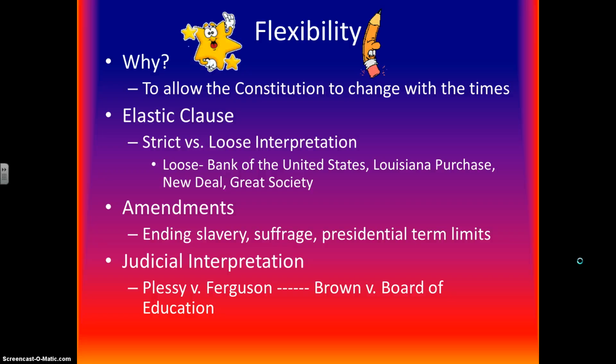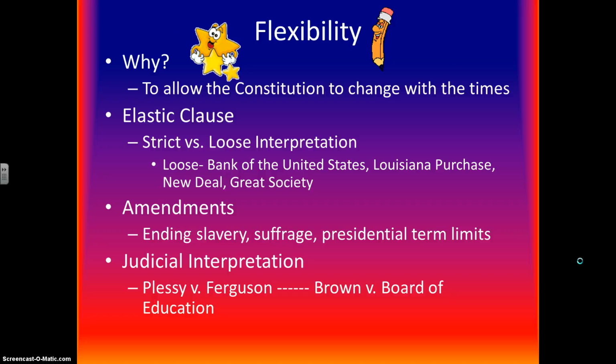The New Deal and the Great Society, both had the idea that the government's going to take care of people beyond just general safety, dealing with things like unemployment or Social Security or FDIC or the Securities and Exchange Commission, welfare, Medicare, Medicaid, all those different things. That comes from loose interpretation.